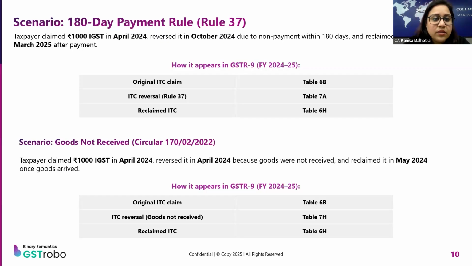As soon as he pays, it will reflect in your GSTR 2B or IMS. So this is basically a reversal where such payments are not being deposited to the government by the suppliers. You are not entitled to claim the ITC.